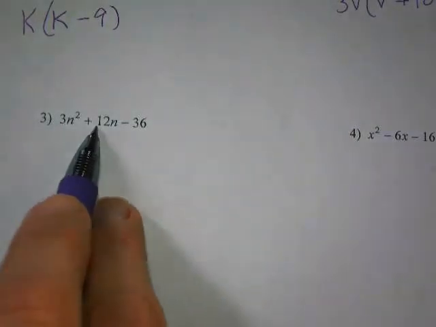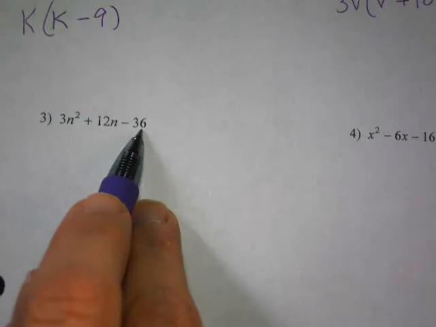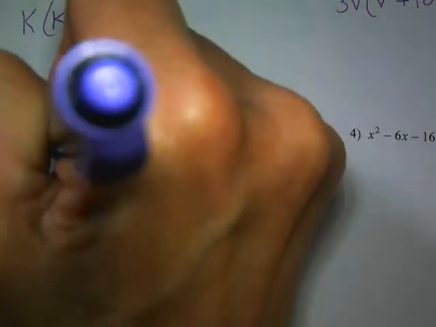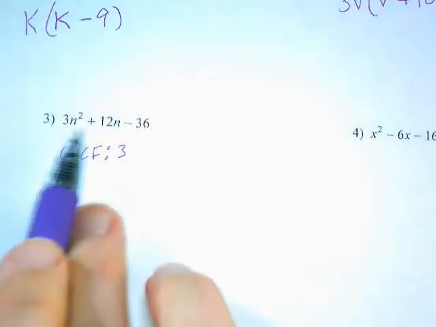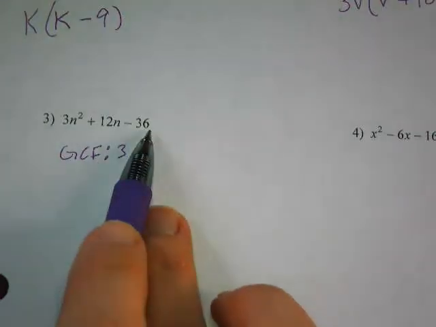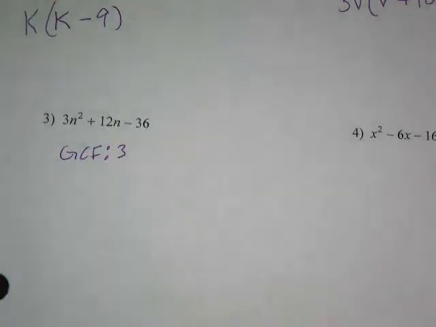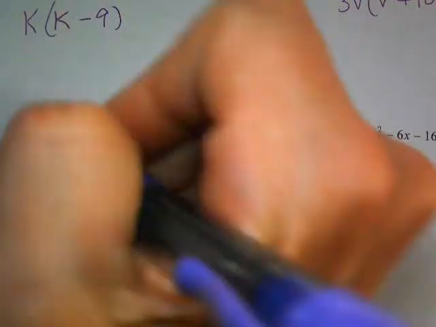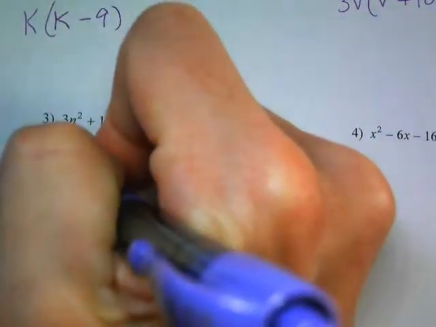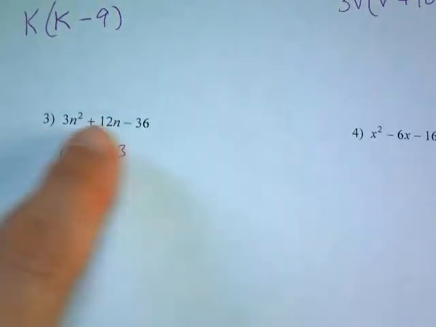So we've got 3, 12, and 36, with a GCF of 3. And here we've got an n squared, an n, and then no n. So I can't take out any n's because I don't have an n here to take away. But I can pull out that 3. And remember, we're basically dividing everything by 3.